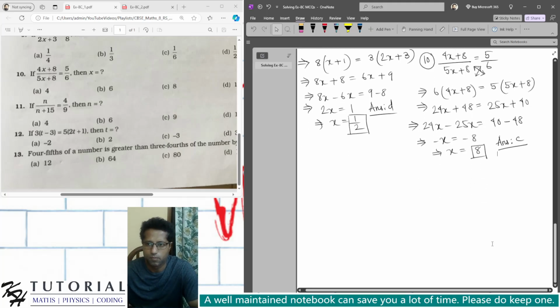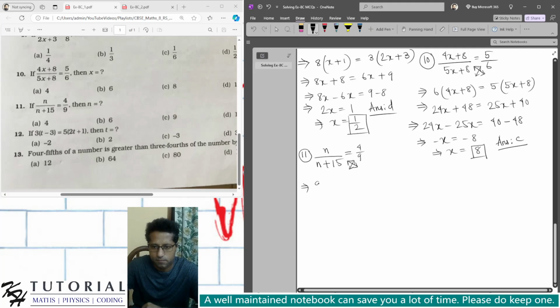Okay, let's do problem number 11. The equation is n by n plus 15 is equal to 4 by 9. So again, it is of the same form, and we will apply cross multiplication to solve the equation.